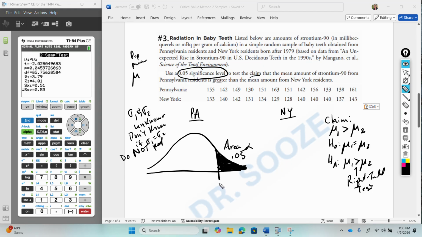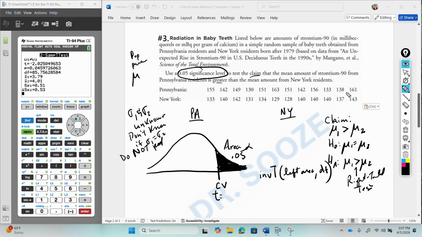So there is going to be one critical value. It's going to be a t-score because the sigmas are unknown. It's going to be a positive number. So again, I'm going to use the inverse t command, but just remember, for inverse t, you must give it left area and then degrees of freedom. Now, 1, 2, 3, 4, 5, 6, 7, 8, 9, 10, 11, 12.